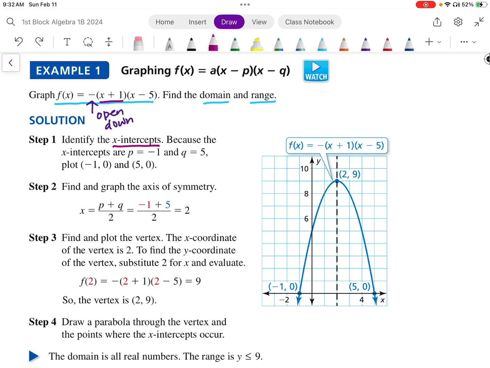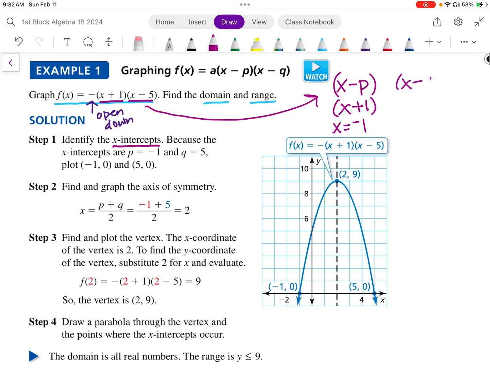x plus 1, x minus 5. P and Q, those numbers that are in there, are equal to the x-intercepts. If we're looking at x minus P, and this says x plus 1, then x must equal negative 1.